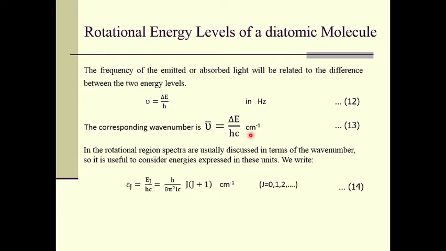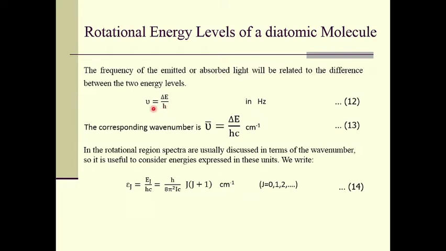So we write epsilon j is equal to Ej upon hc, so we divide Ej by hc, so we get h upon 8 pi square I c into j into j plus 1. So epsilon j is equal to Ej upon hc. When we divide the energy by hc, we convert the energy into per centimeter unit, right?